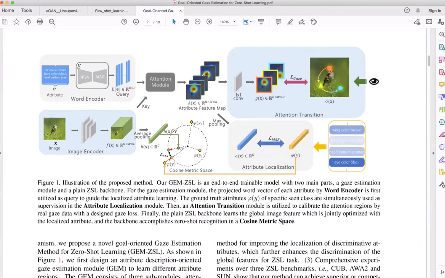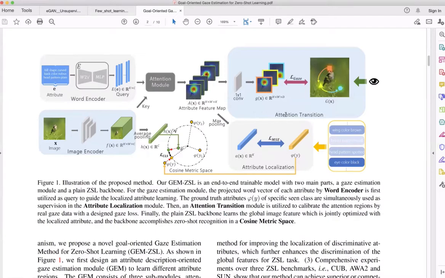So here they pass the image into an encoder, which encodes and tries to compress the image into a lower level representation. And also, they learn an encoder on the attribute using word2vec and a multi-layer perceptron. So this goes through the attention module to be able to learn where in the image the attribute actually corresponds to.